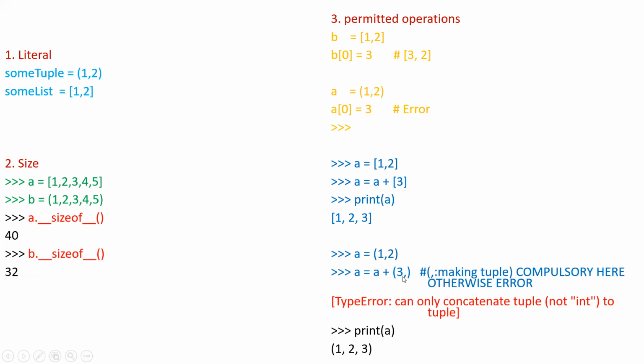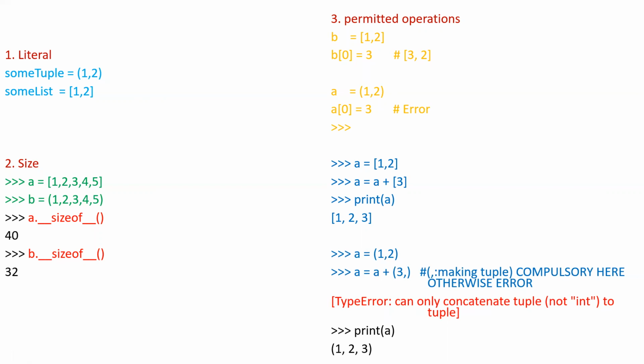Once again, see here. If you omit the comma, then within the parenthesis, what is the meaning of 3? Only 3. It is not the tuple. It is simply integer data. Remember, within the parenthesis, if you are writing only 3 without comma, the system treats it as integer data, not the tuple.